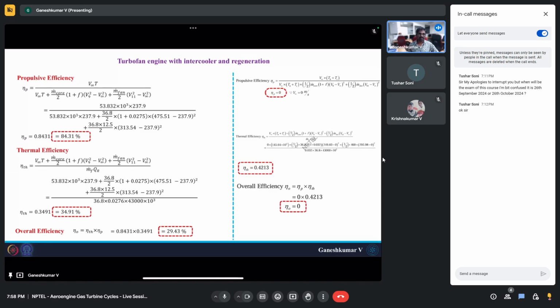The reason to use an intercooler and regenerator is to improve the efficiency of the engine. So now we are getting 34.91 percent. If you do a two spool geared turbofan engine without intercooler and regenerator for the same engine, then you will see a different thermal efficiency, and you can compare those two values.